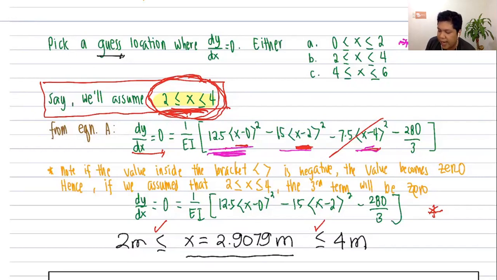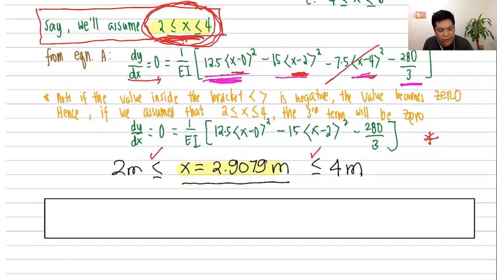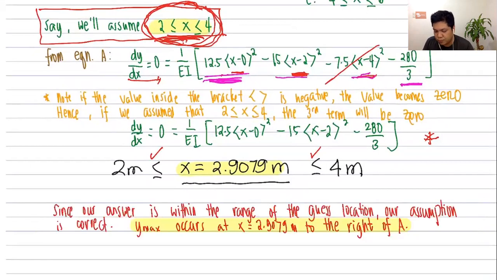term and C1 over here, solve for x, and you should get a value of x that is not within 0 and 2 that you assumed. Are we clear? Meaning you always go back and look at the value of x that you obtained, if it is within the range that you have initially assumed.